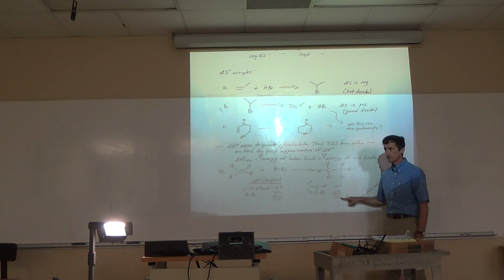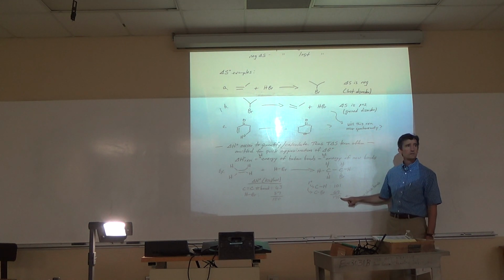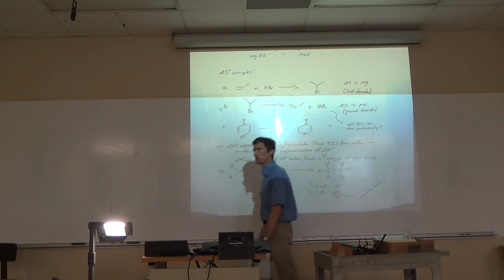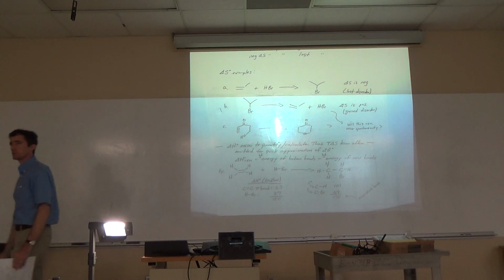The new bonds have more energy? Does everybody agree the new bonds have more energy? No. The new bonds do not have more energy. The new bonds have less energy. How do you know it's negative 20? How do you know it's exothermic?